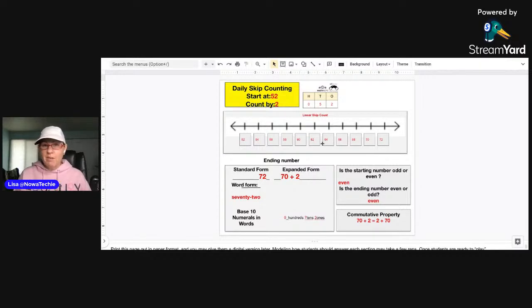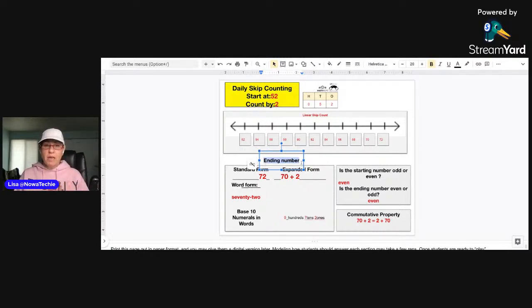This isn't so pretty right now because it's just an example, right? So you start with the standard form, you go to the expanded form, word form, then you go to the base 10 numerals in words, so 0 hundreds, 7 tens, 2 ones. You'll notice up here it does say the ending number.